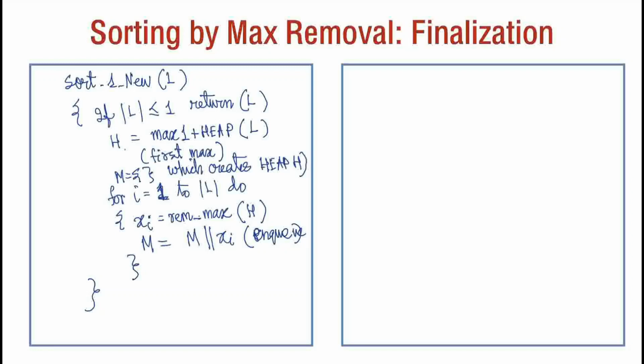In order to do this, we have created the heap, and for this heap, we finally get an order n log n algorithm for sorting using the sort max. So this is the step in which we have done it.